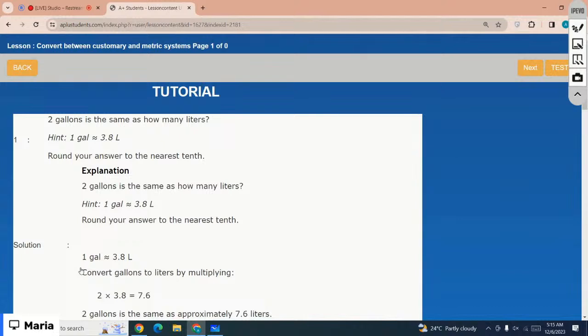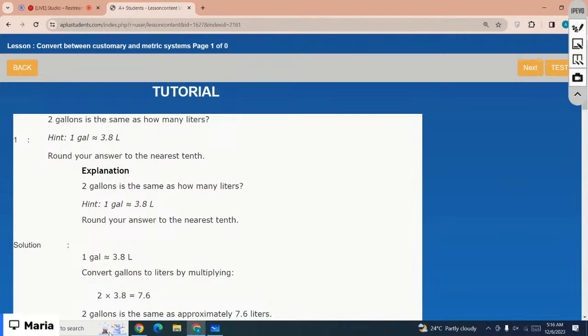So 2 gallons equal... 1 gallon equals 3.8 liters, right? And then you have 2 gallons, so you need to multiply 2 times 3.8, that equals 7.6 liters, right?